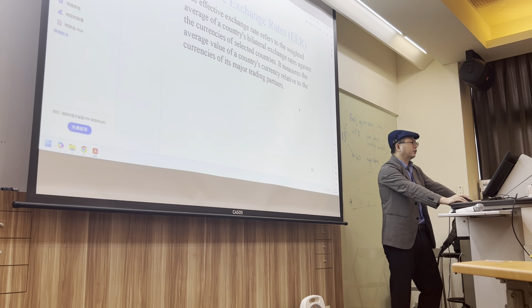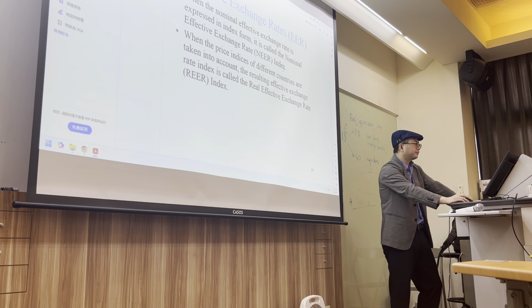So as a whole, when we talk about the effective exchange rate, we actually refer to the weighted average of a country's bilateral exchange rate against the currencies of selected countries. This measures the average value of a country's currency relative to the currencies of the country's major trading partners. So if the focal country is Taiwan, then we will be talking about the neighboring countries.